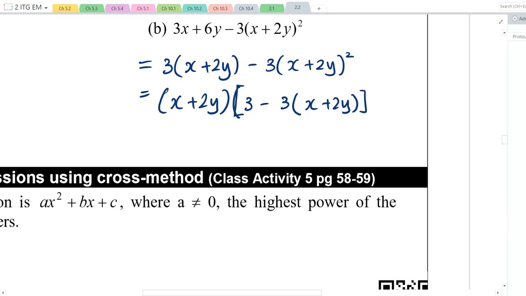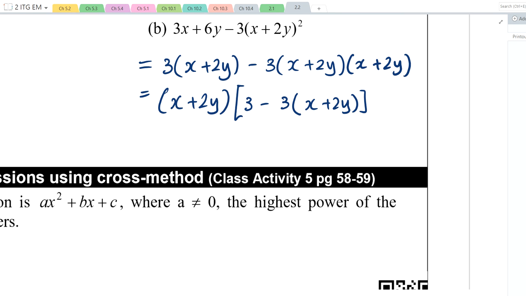Take some time. Look at it carefully. What about the square? Okay, if you can't get this, let me rewrite this. This x plus 2y is actually another x plus 2y, right? So I factorize out x plus 2y one time. So what is left? This is what is left.